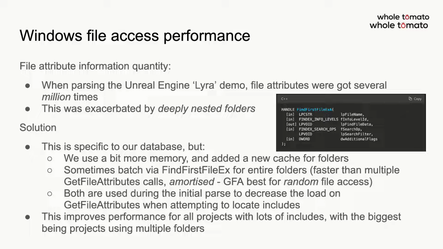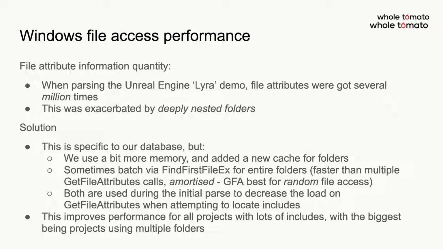But if you are getting info about lots of files, say an entire folder full, it is more efficient to batch it up via the Windows API's FindFirst and FindNext methods. And there is a bit of extra overhead there, but it's amortized out over the entire folder read. The end result? When you have a large project with lots of files and lots of folders, we get a massive speedup.